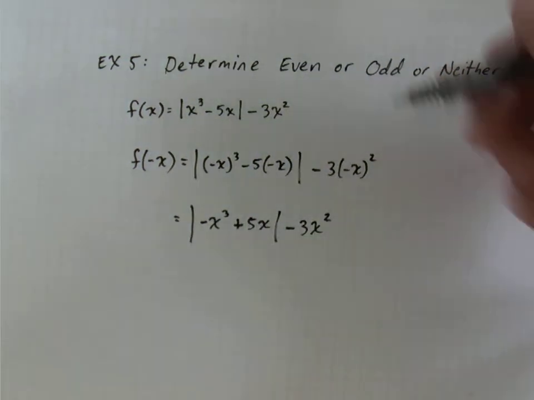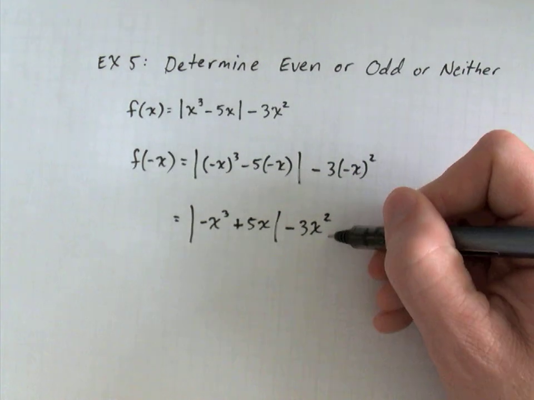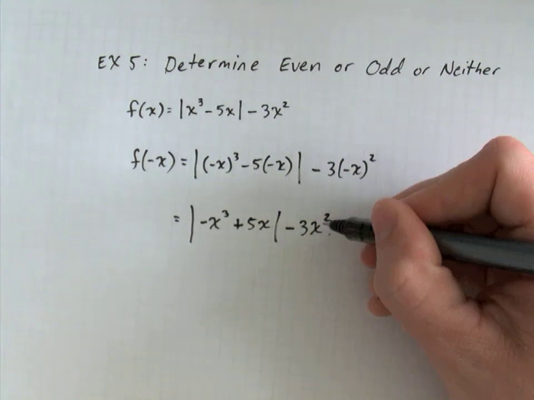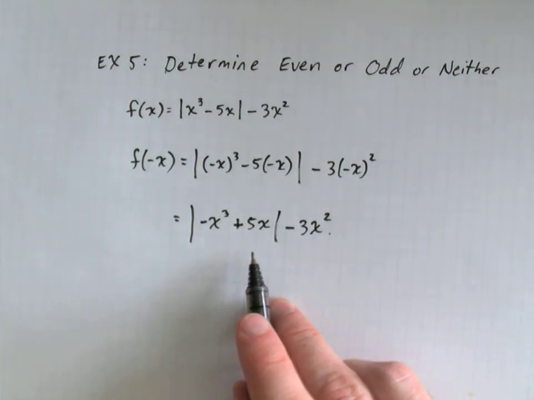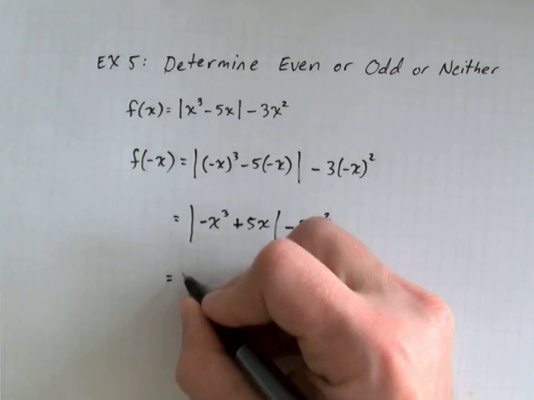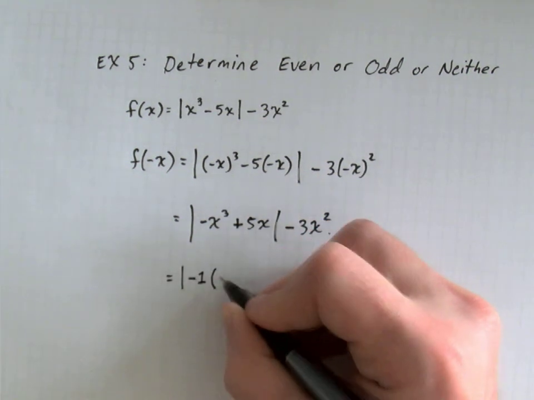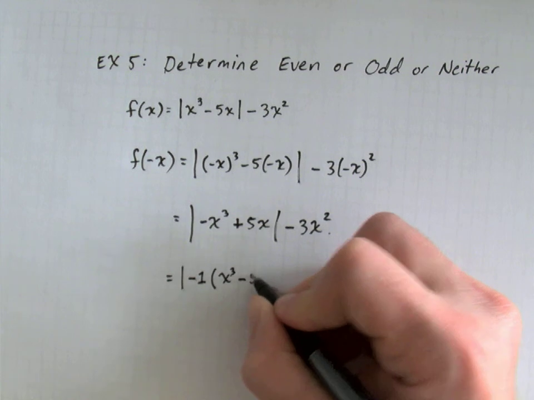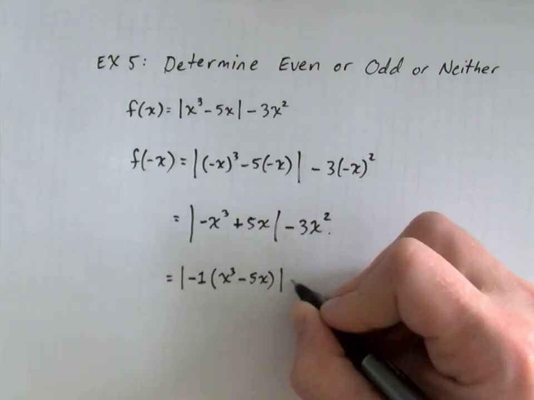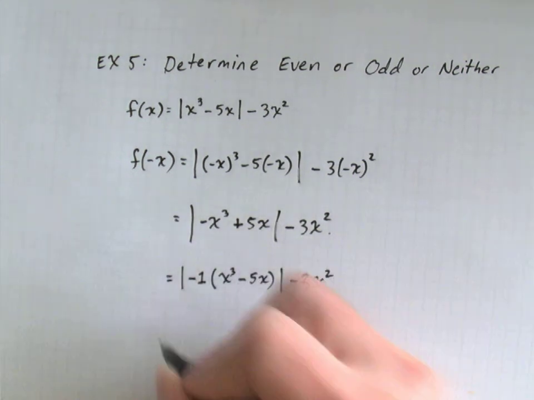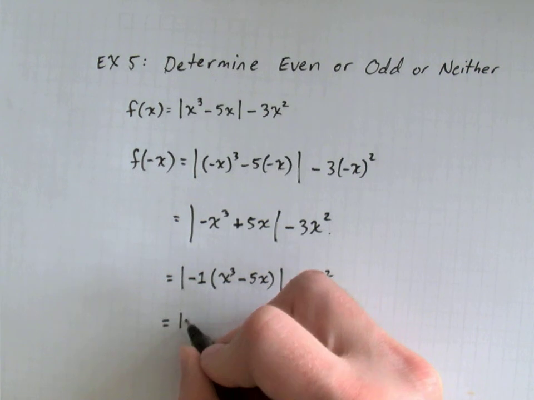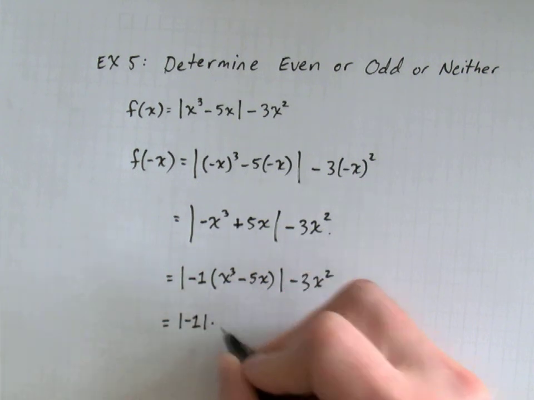Okay, now I look back at my original, and it's not exactly the same. This part's the same, but the part in the absolute value isn't the same. So I'm going to try to factor out that minus 1. So it'll look like this. Minus 1 times x cubed minus 5x, minus 3x squared. And, of course, a product of absolute values could be rewritten like this.